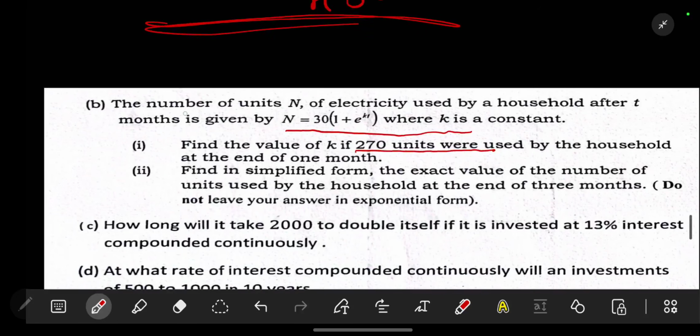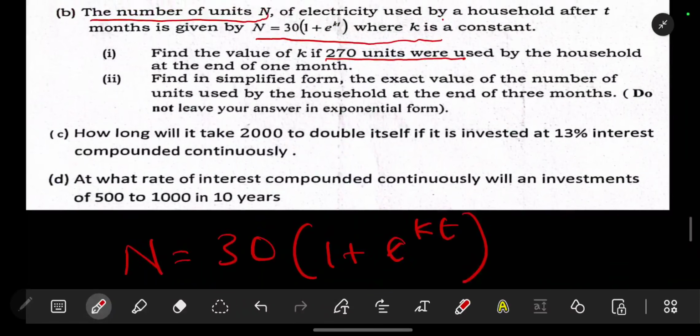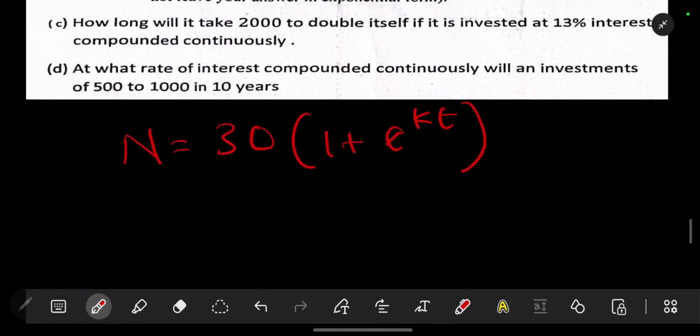So n is for the number of units of electricity used by the household after t months, so we are calculating in months.